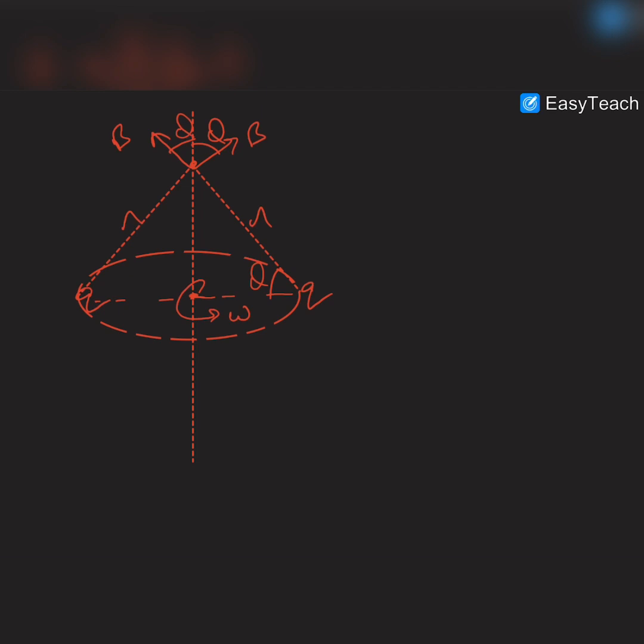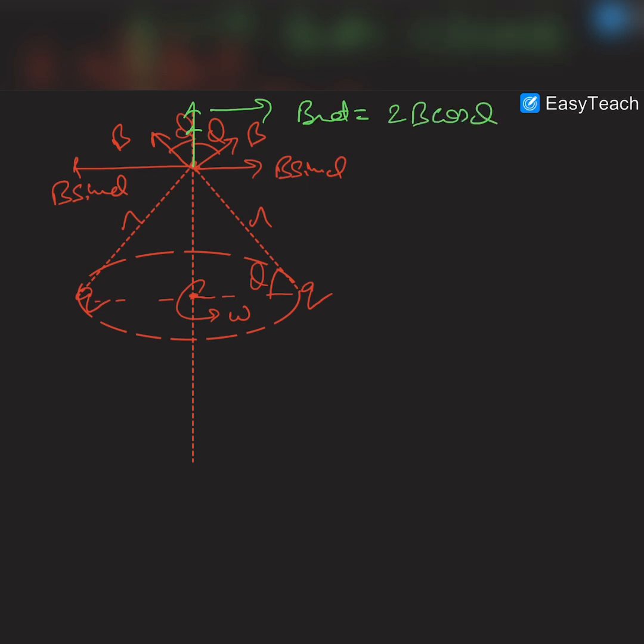So the net magnetic field, you can see that B sin theta and B sin theta will be cancelled out, and the net magnetic field will be along the axis only. So this would be B net, and B net will be 2B cos theta.